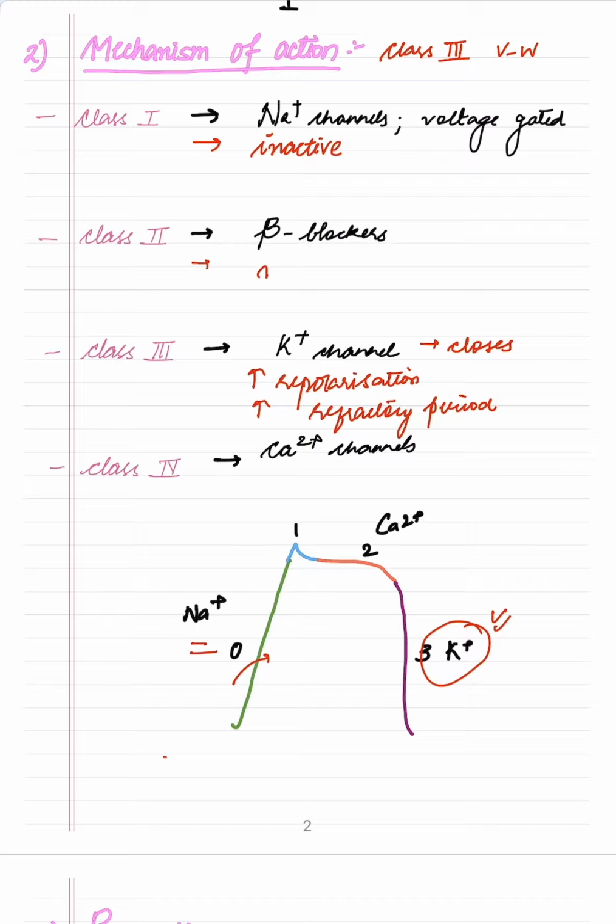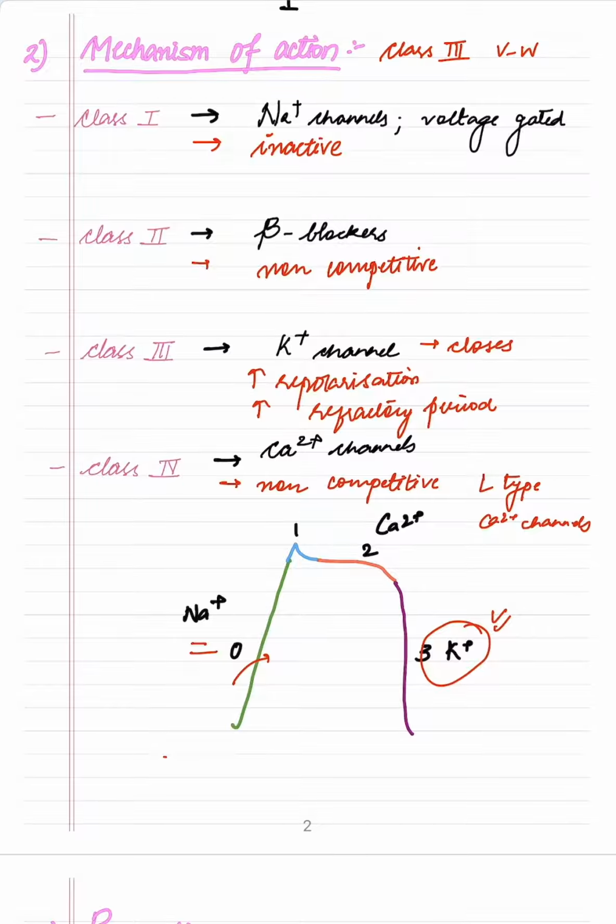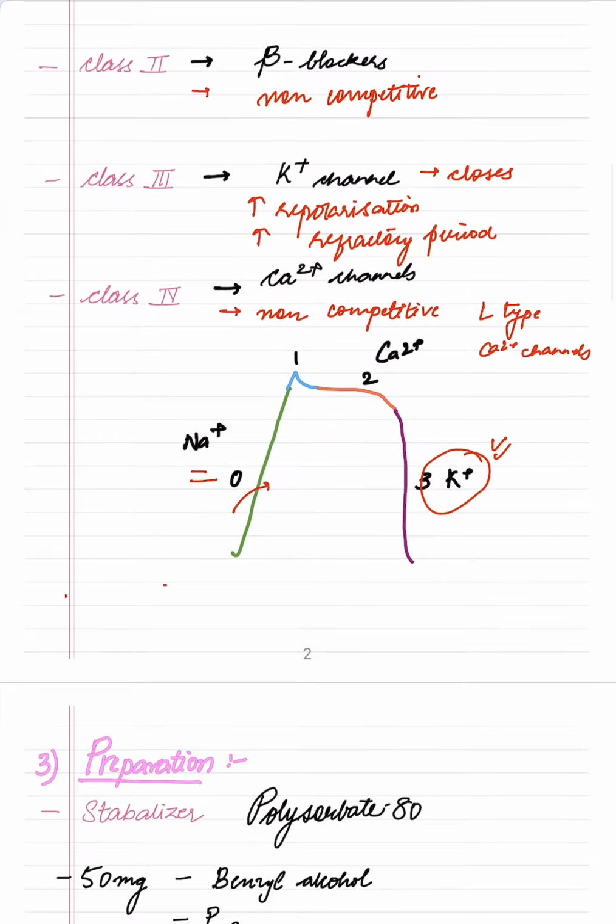It is a non-competitive beta blocker and a non-competitive calcium channel blocker, mainly acting on the L-type calcium channels. So because of its multiple modes of mechanism of action, it is helpful both in atrial as well as ventricular arrhythmias.